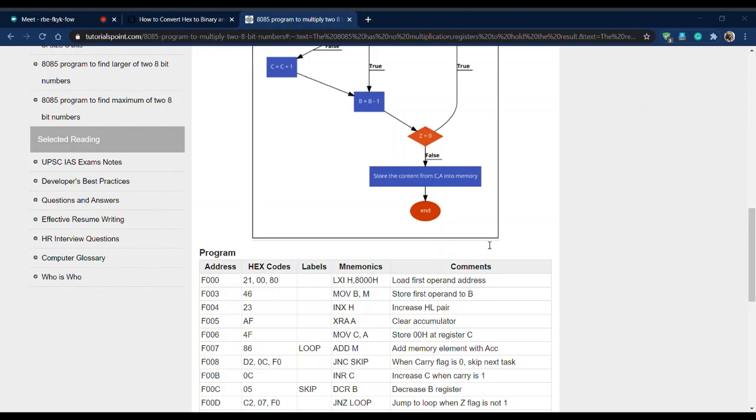Yes, sir, I can share. Yeah, you can share so that people can have it if they need any kind of.